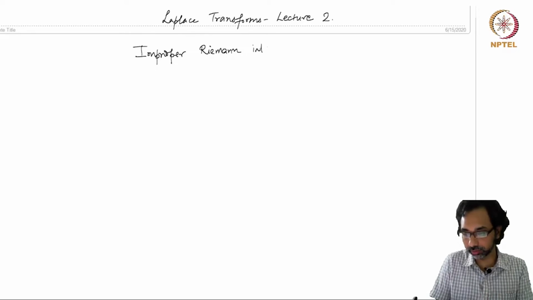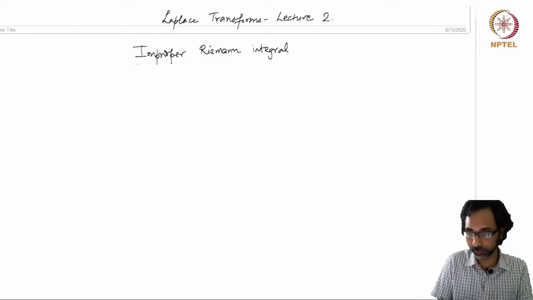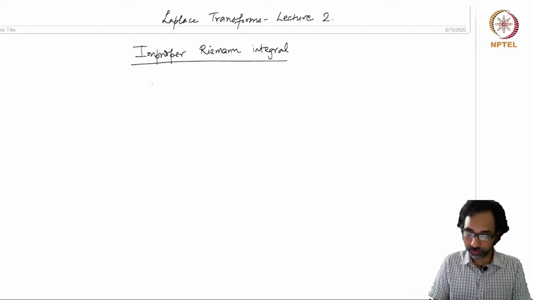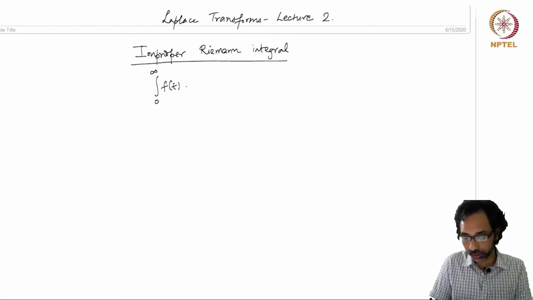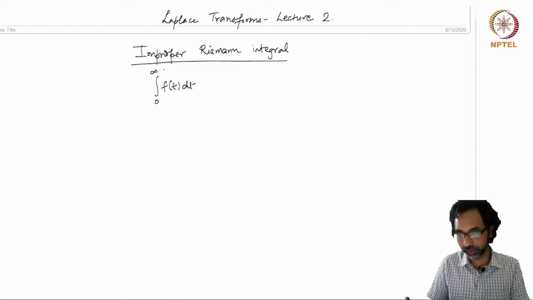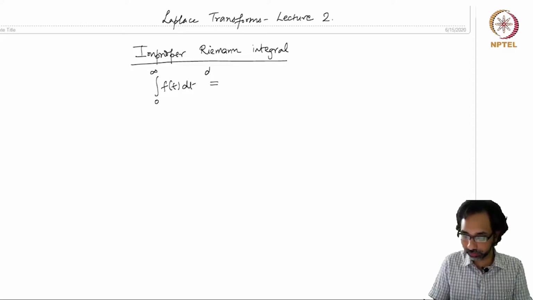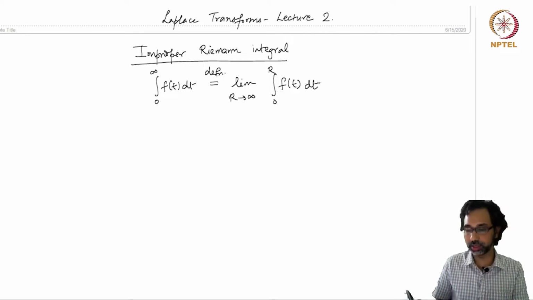So in the last class, we saw the notion of an improper Riemann integral, and this was used to define an integral of the form integral of f(t) dt from 0 to infinity, and this was by definition the limit as r goes to infinity of the integral from 0 to r of f(t) dt.